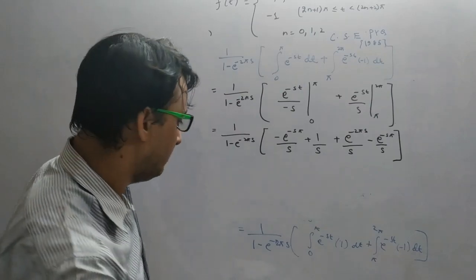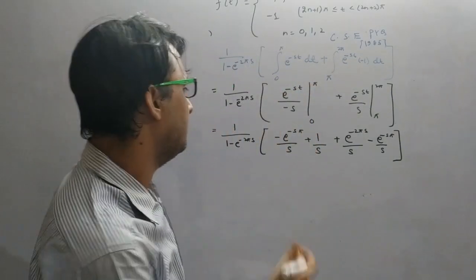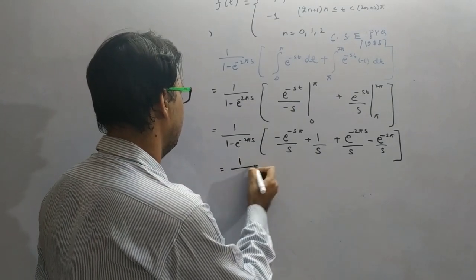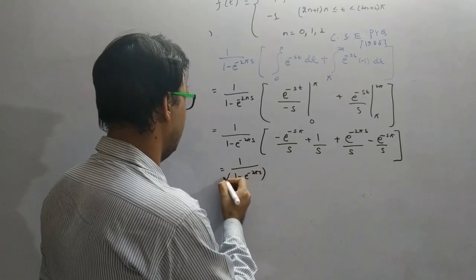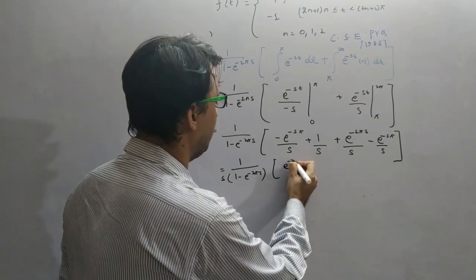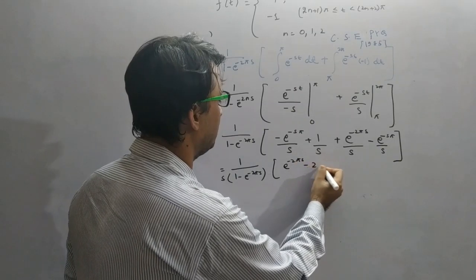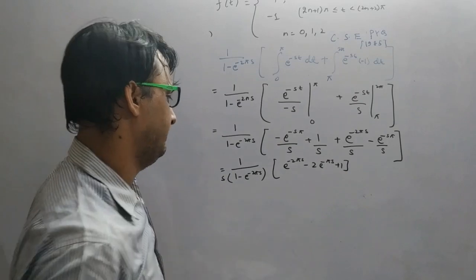We can see one thing, that s is common, so we can take it outside. s is outside, and we can see that e to the power minus 2 pi s minus 2 e to the power minus pi s plus 1. This is a perfect square.